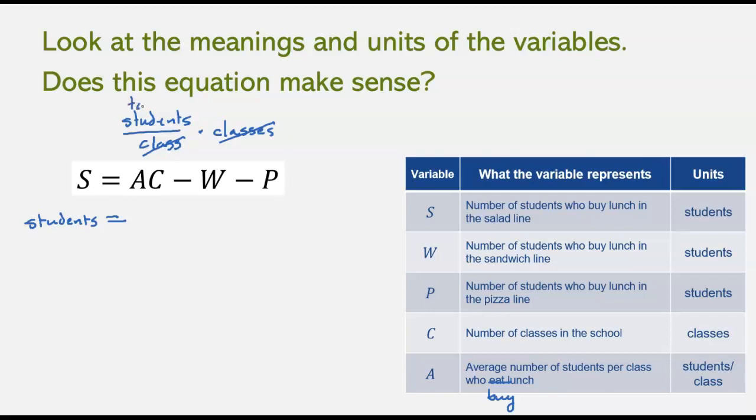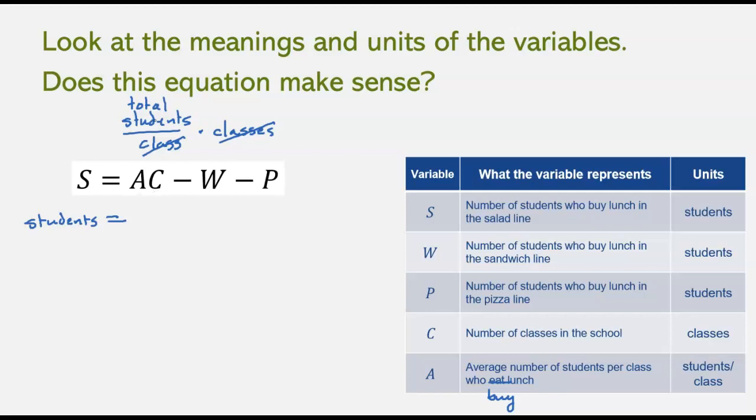And in fact, this is going to be the total students, right? Because if we have an average per class, and we multiply it by the number of classes, you can think, if we have 3 classes and we expect 27 of them to buy lunch, it would be 3 times 27 total students who buy lunch, which would be, I can't do that in my head, 3 times 27, 81 maybe?